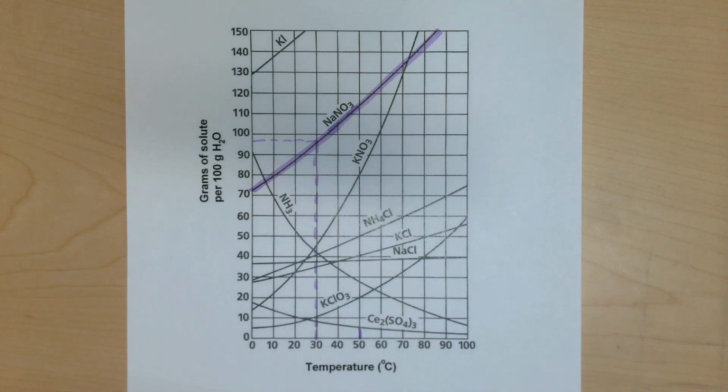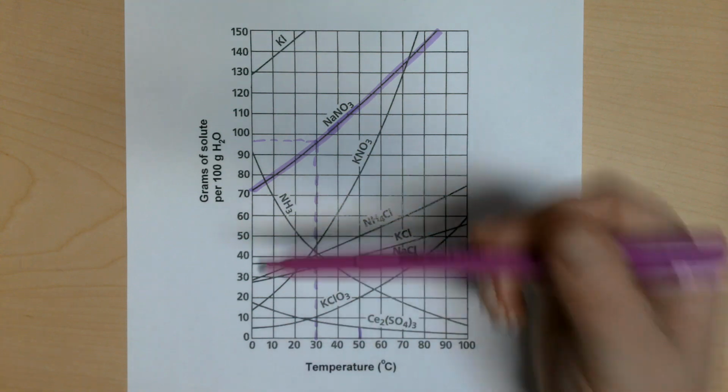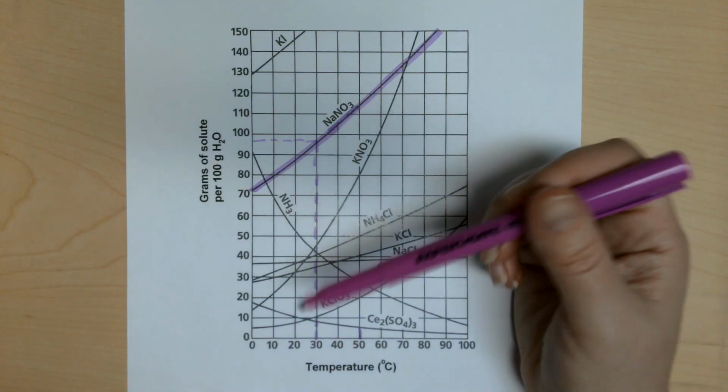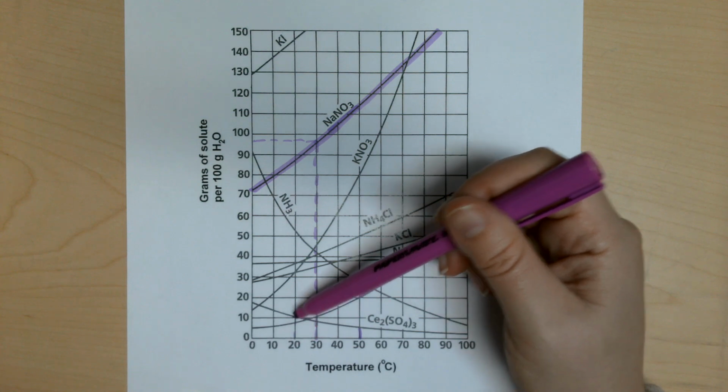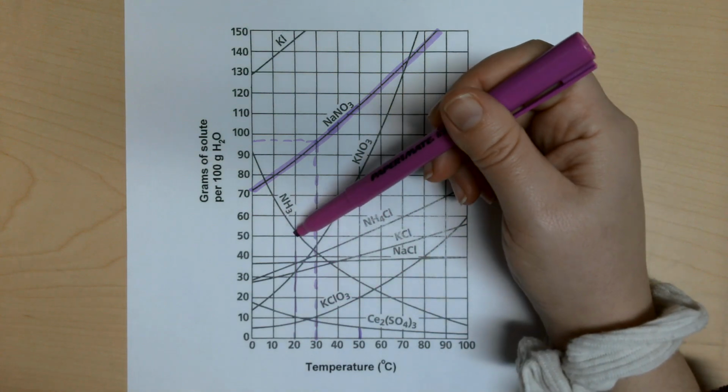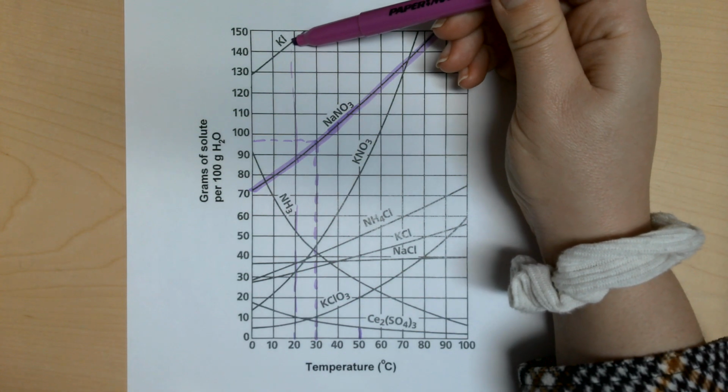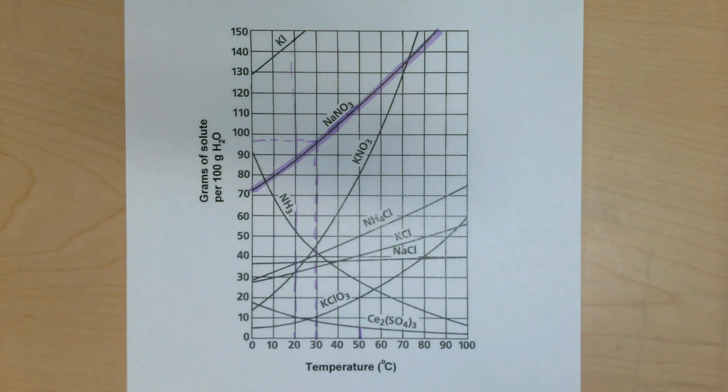What if we wanted to know what the highest solubility was? What is the highest solubility at 20 degrees? Here's the 20 degrees. We would go up the line until we hit the highest line right here, and that's potassium iodide. At 20 degrees, what is the least soluble?